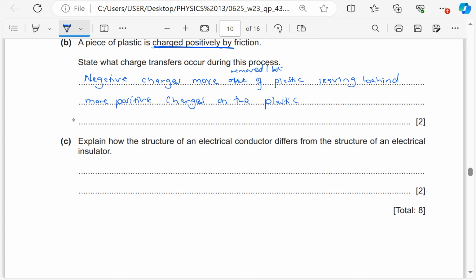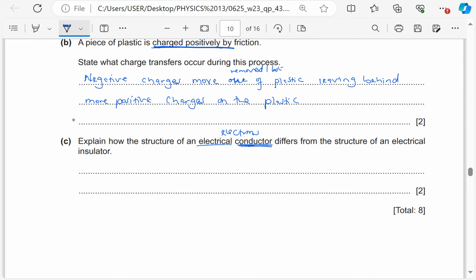Explain how the structure of an electric conductor differs from the structure of an electrical insulator. Of course, an electrical conductor has free electrons, and an electrical insulator does not have those free electrons.